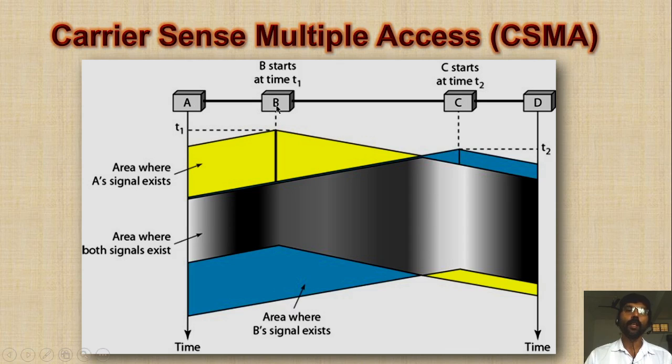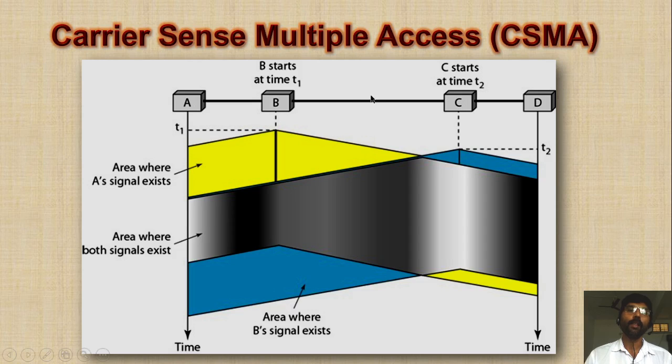Now consider the station B wants to transmit some data over the medium. First it will sense the medium at a time t1. At time t1 it will sense the medium. The medium is idle. Nobody is using the medium.